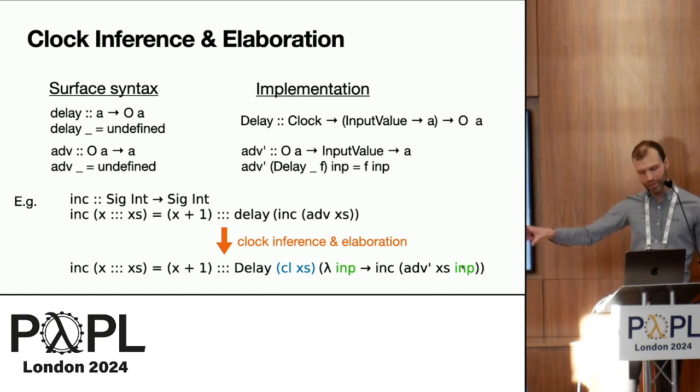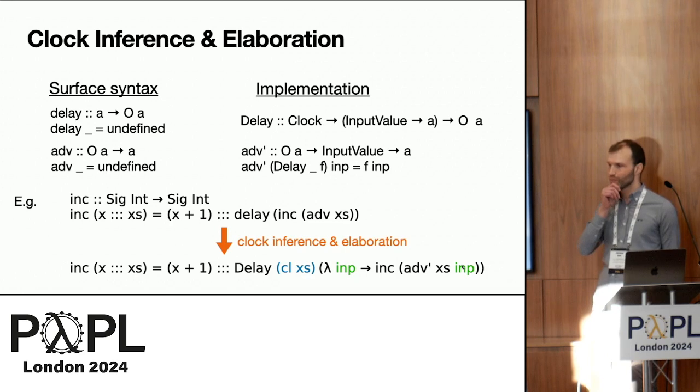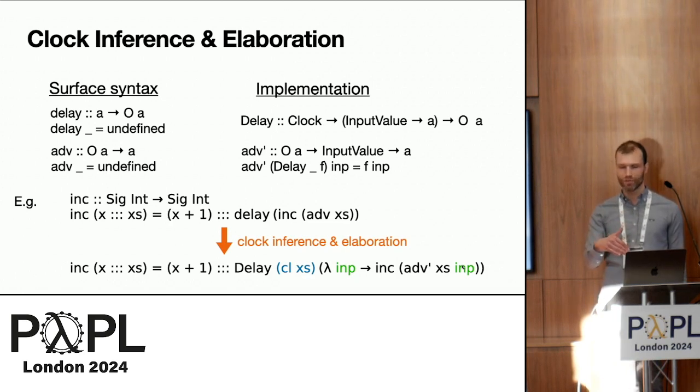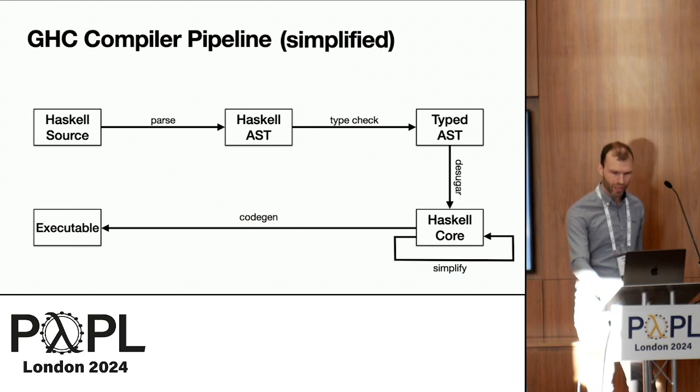So it does the passing on of the input values to the corresponding places where we call advance. And we know this is always possible because of the typing rules of Async Rattus. All right, that's basically how the language is implemented.